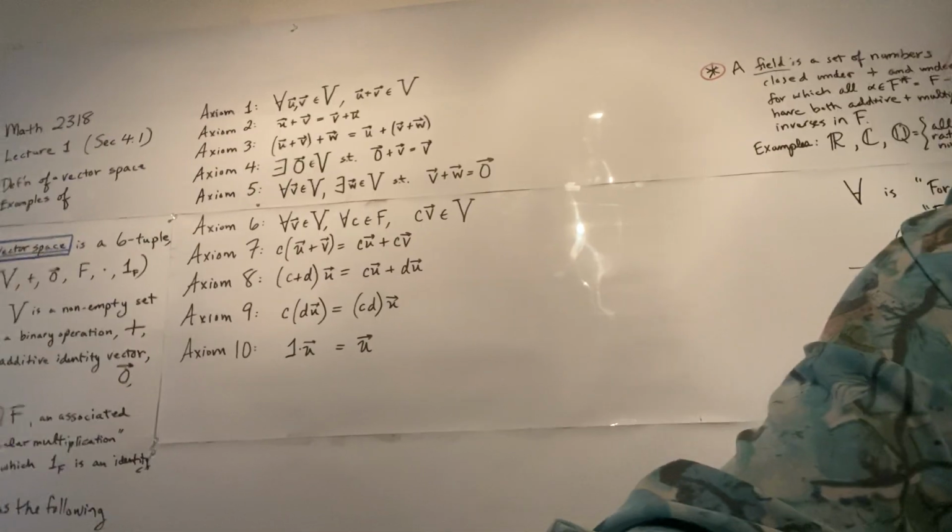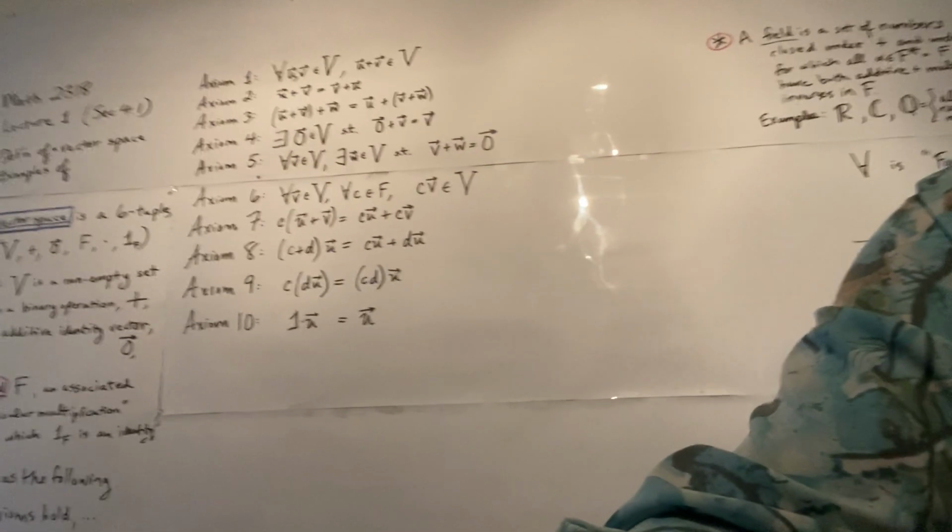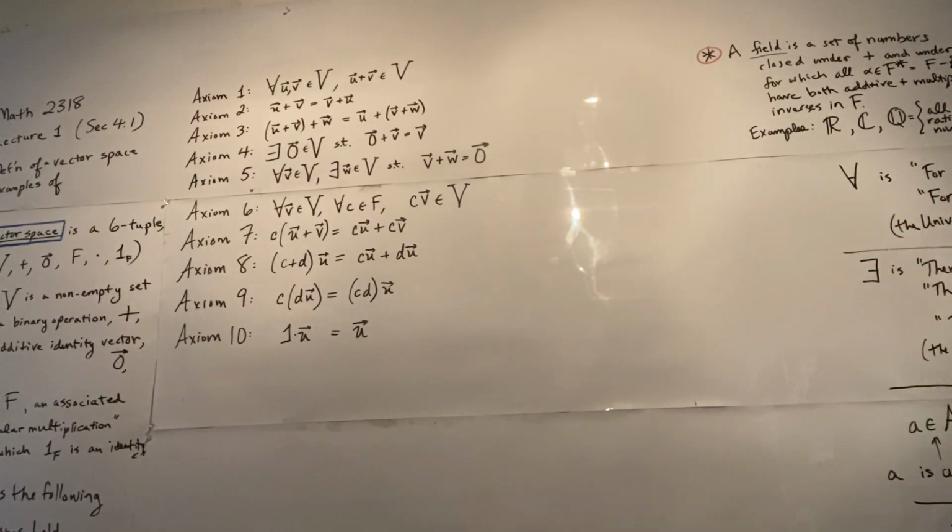All right, so back to describing all these properties, all these axioms that have to be satisfied if we are to define what a vector space is.